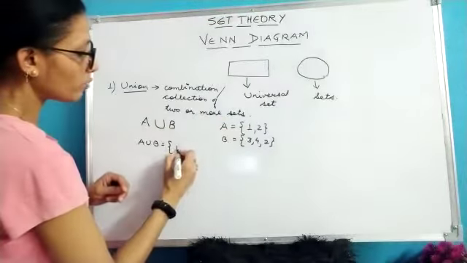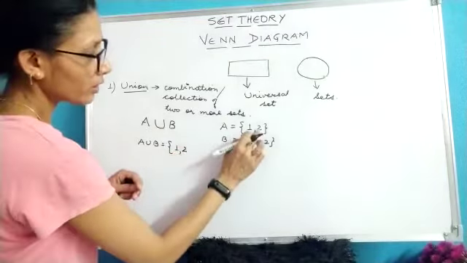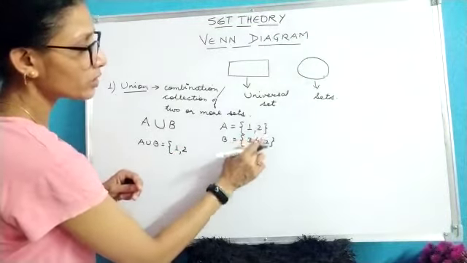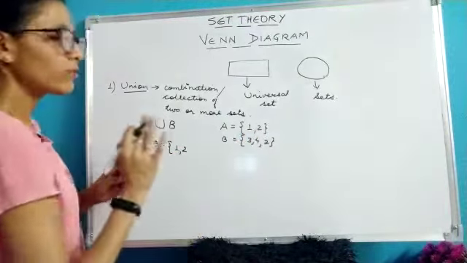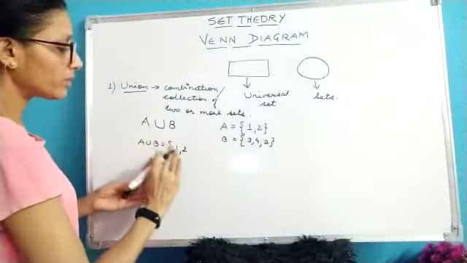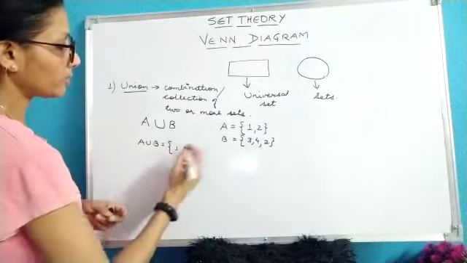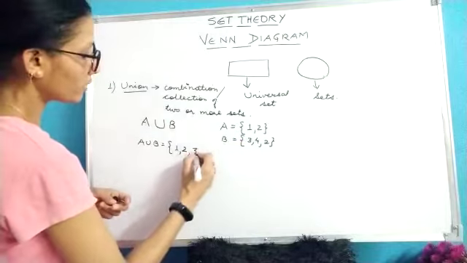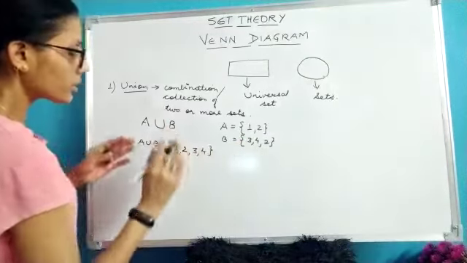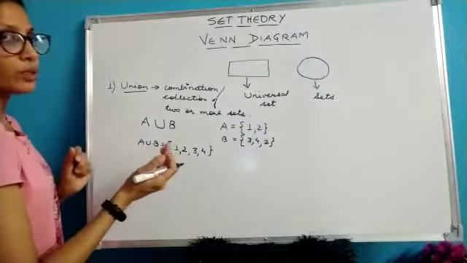So here it will be 1, 2. Here I can see 2 is present in both the sets, but it will be written only once. So this is 1, 2, 3, 4. This is how I write A union B.